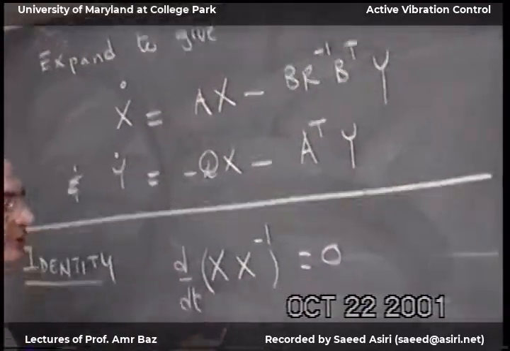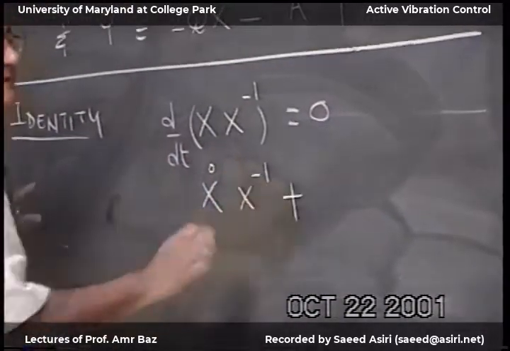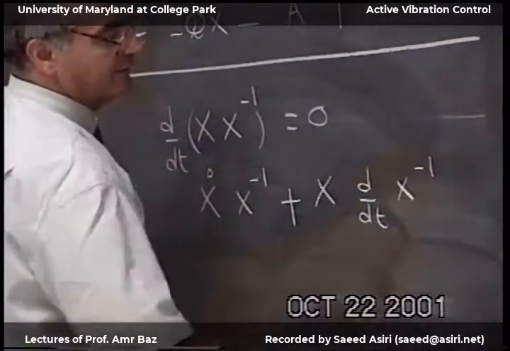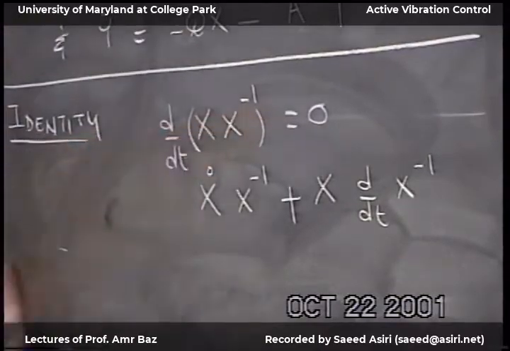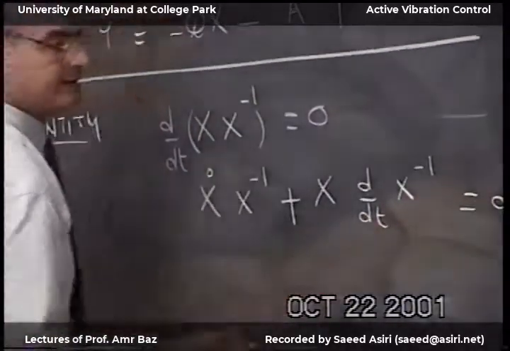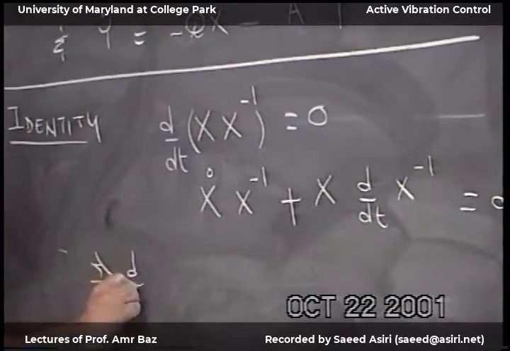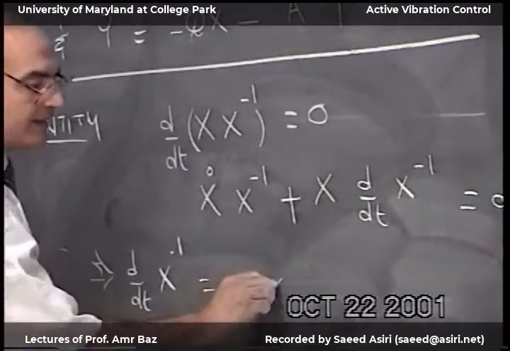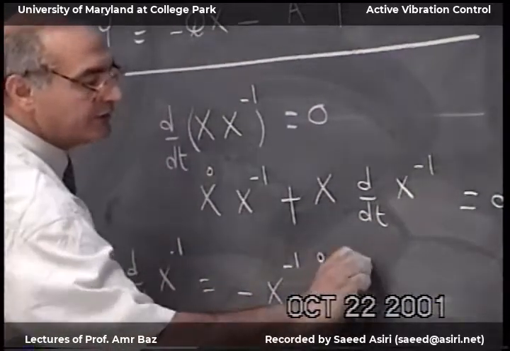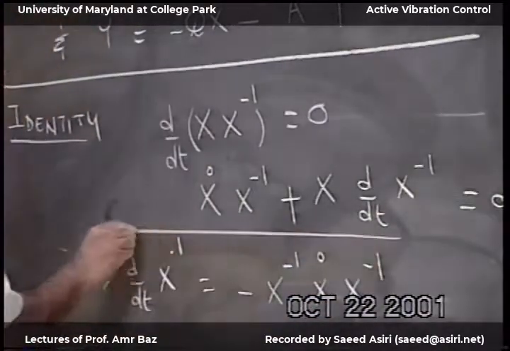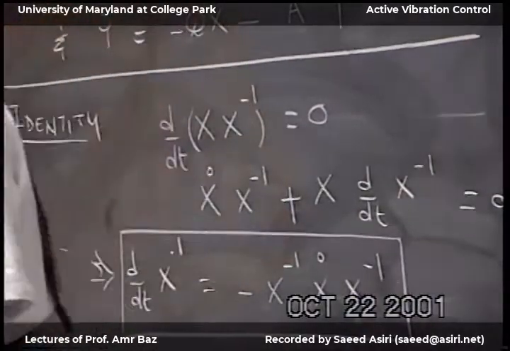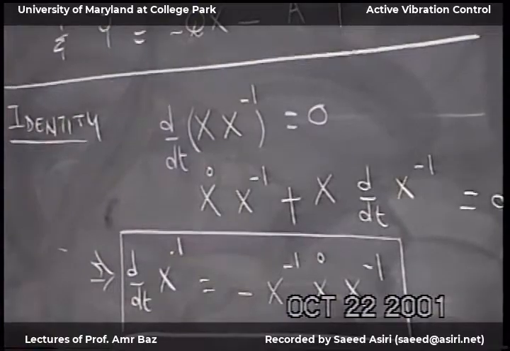So this will equal x dot x inverse plus x d by dt of x inverse, and the result is equal to 0. This says that d by dt of x inverse will equal minus x inverse x dot x inverse.